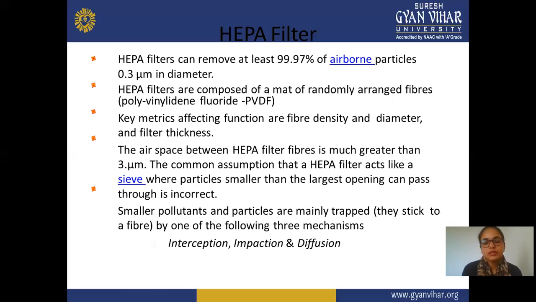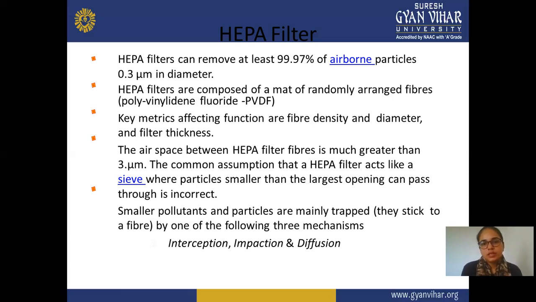Means particles up to 0.3 micron in diameter are easily intercepted by this HEPA filter, and it shows approximately 99.97% efficacy for particles whose diameter is up to 0.3 micron.